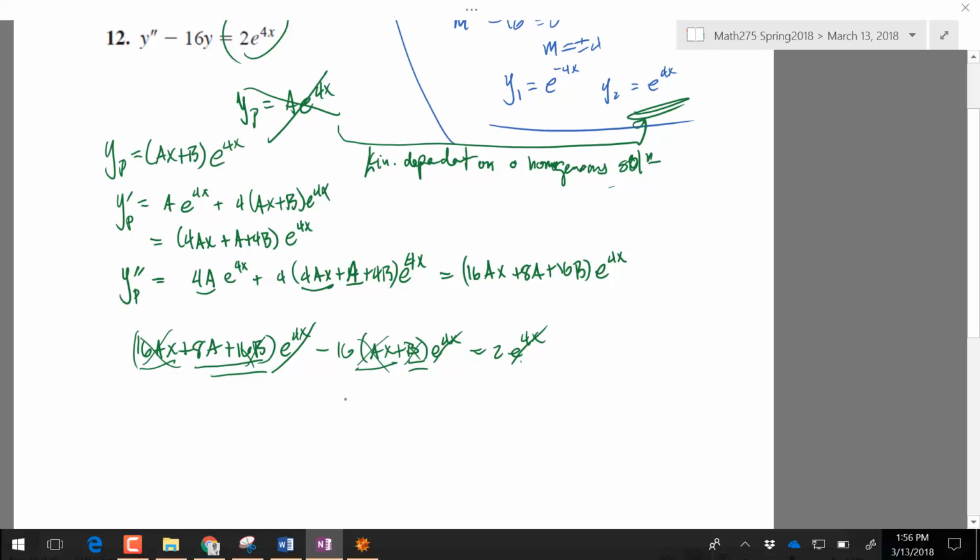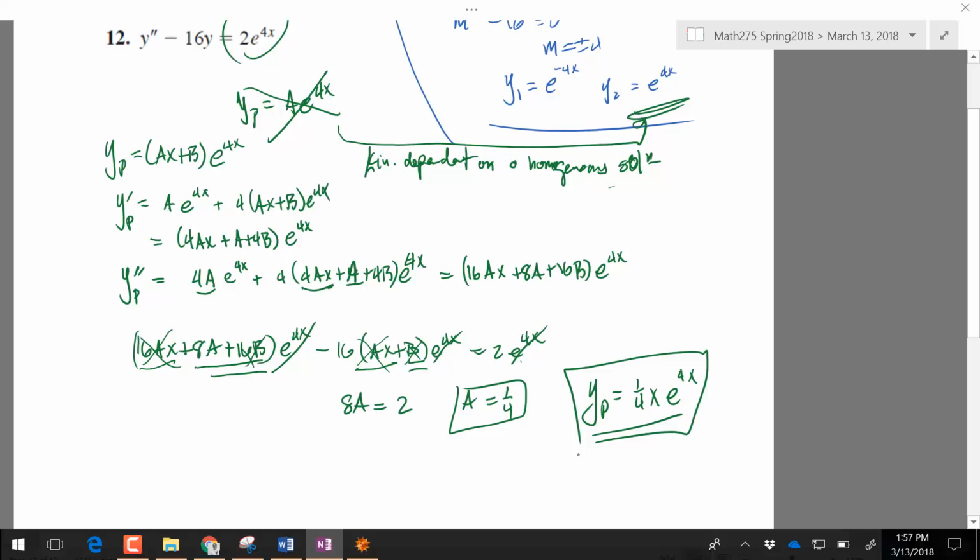So we got 8a is equal to a constant 2, so a must equal 1/4. So that's my particular solution: y sub p is equal to 1/4 x e to the 4x. Okay? Did I do something wrong?